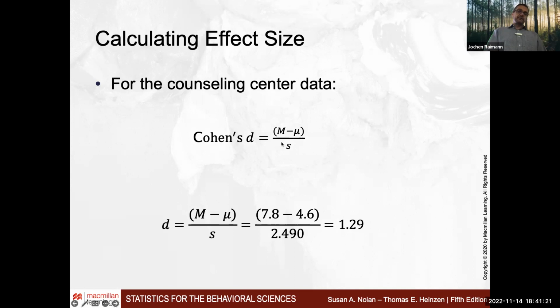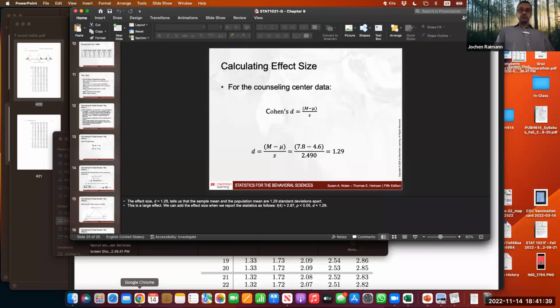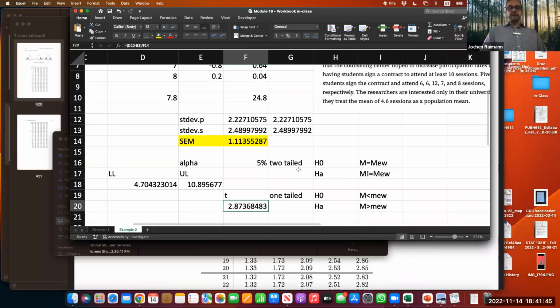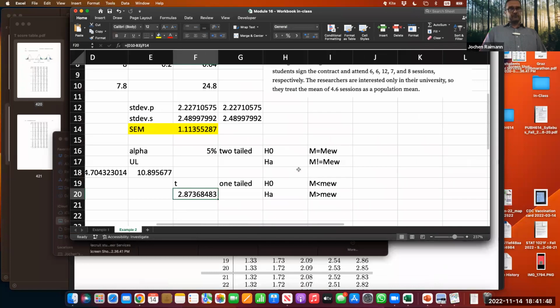This is done again with mean minus the mu divided by the standard deviation rather than the standard error of the mean, to basically take the effect of the sample size out of the equation. Cohen's d, the conventions are the same. 0.2 to 0.5 is a small effect size, 0.5 to 0.8 is a medium effect size, and greater than 0.8 is a large effect size.